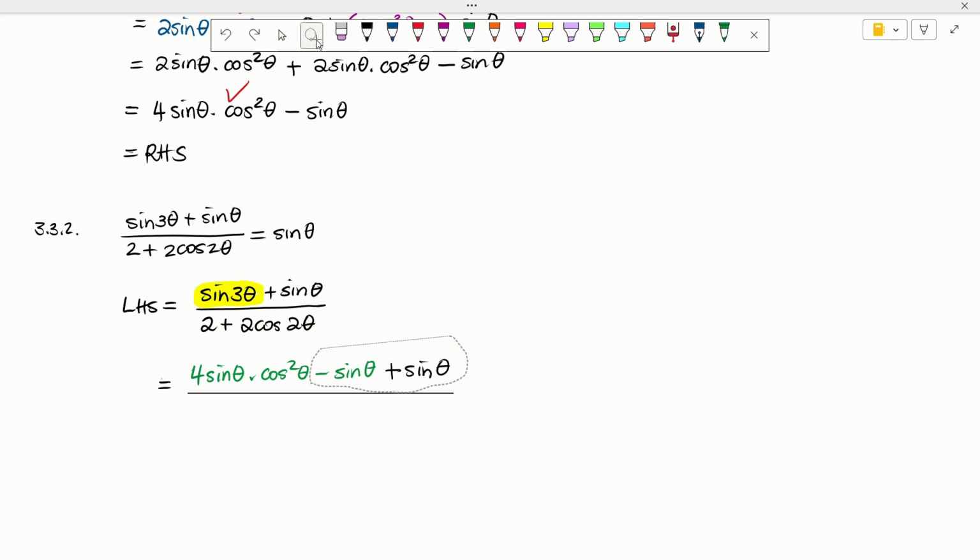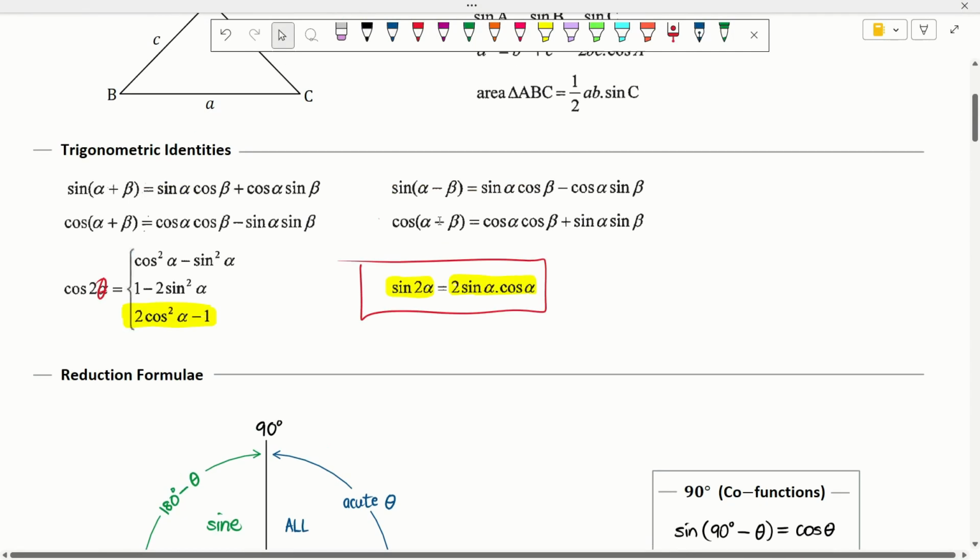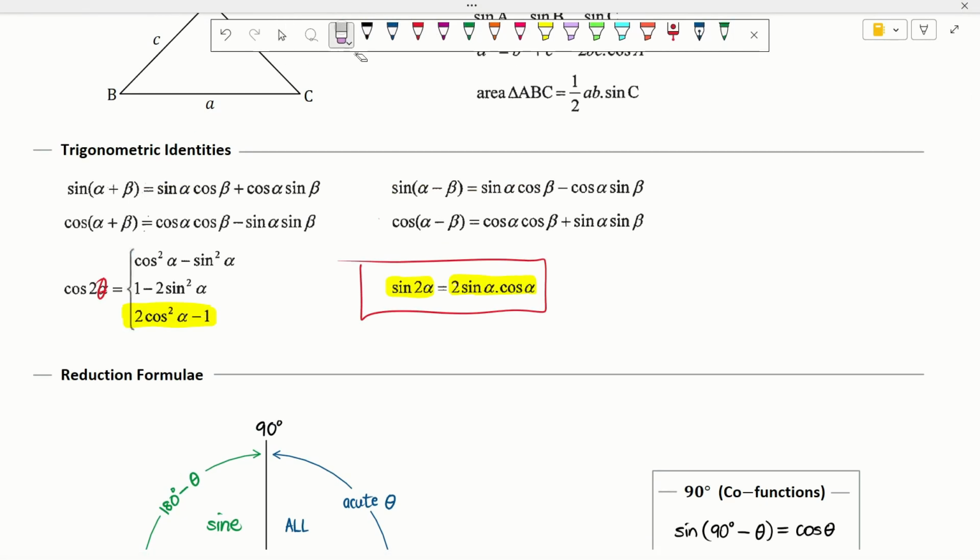And once again, because it's a cos double angle, we have to be smart about it. Okay, so then I'm going to put down 2 plus 2 open bracket, and then I say, okay, how can I solve this cos double angle? Which identity will be the smartest to use? First one, second one, or third one? If you ask me, I'm thinking the third one, once again, will probably be the smartest to use.